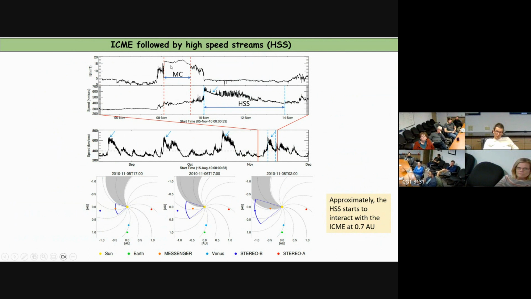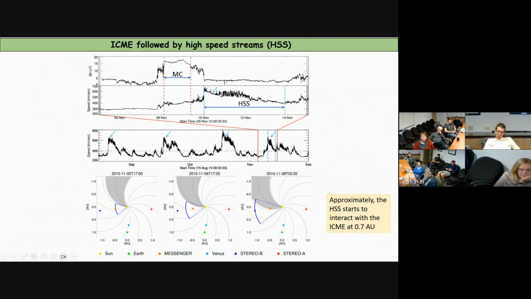Again, the region bounded by the dashed vertical red lines is the magnetic cloud, the structure of the magnetic flux rope. And in the lower panel, the speed is drawn. This is followed by a high speed stream. When the structures are followed by high speed streams, they cannot expand self-similarly.